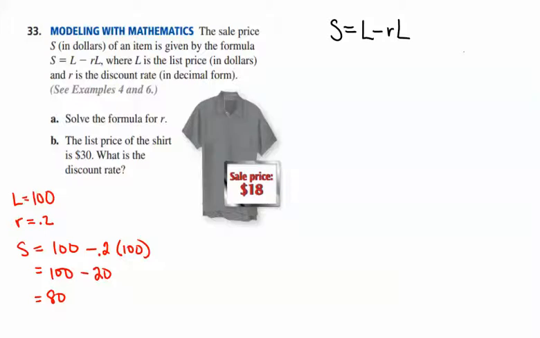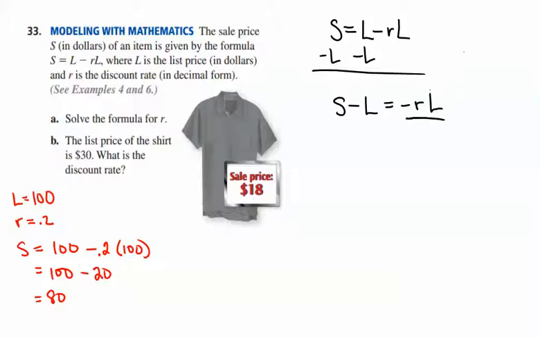So what we want to do here is first solve this for R. So since we want to solve for R, we're going to subtract this L from both sides, and we get the sale price, S, minus the list price, which gives us the negative of the rate times the list price.